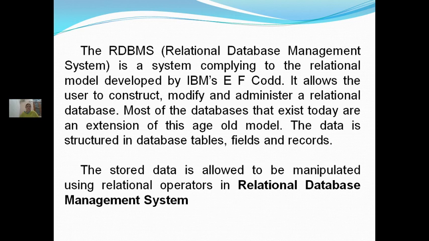Here, it is a collection of interrelated data and a set of programs used for inserting, deleting, and updating data, which is stored in the form of rows and columns. Here relational means in the form of a table. The data is stored in the form of tables, that is, rows and columns, and that is why E.F. Codd gave it the name relational.